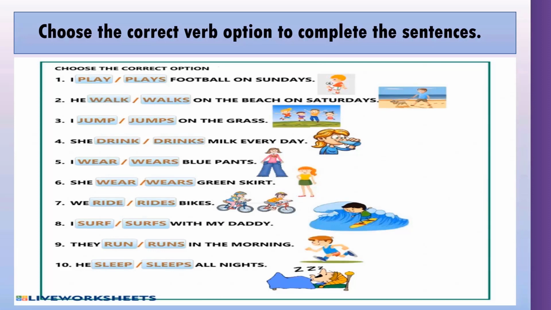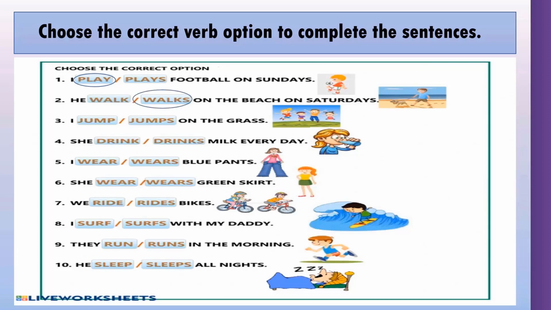The first one, we've got the subject I. I is not third person singular. So I play football on Sundays. Regular action, subject I, verb play, no third person singular, so we don't need the S on the verb.